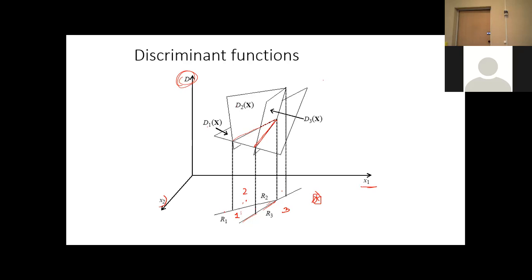If you got the plane like this and if you get the plane like this, we couldn't know it actually. Maybe group 2 here, but for this, group 3. It's all about the distance between the item and the plane of the group, the projection of the item onto the discriminant function.